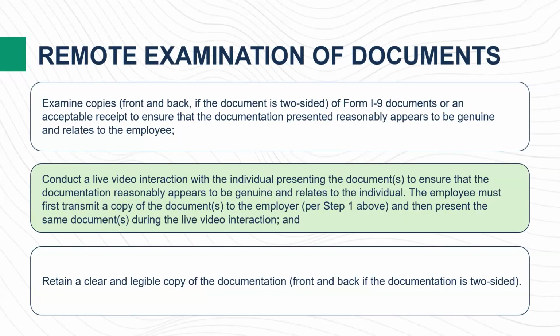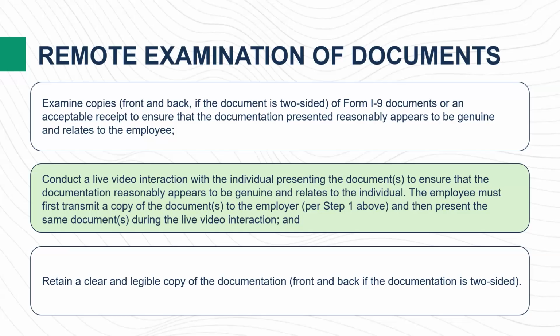So if you're in E-Verify and remotely examining the employee's documents, you're going to want to examine the copies, front and back if the document is two-sided, and of course make sure they appear to be reasonably genuine. You have to conduct a live video interaction with the individual presenting the documents to ensure the documentation reasonably appears to be genuine and related to that individual.